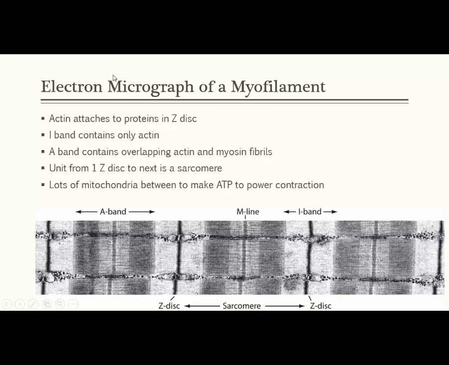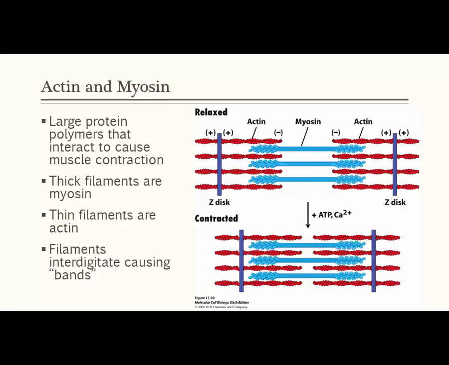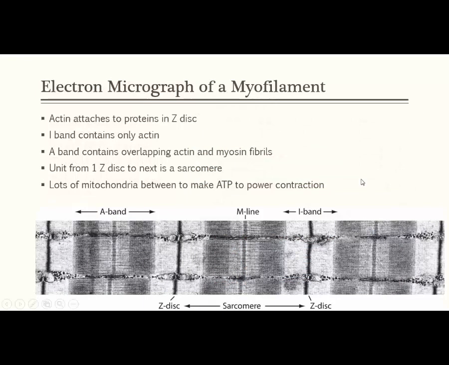This is an electron micrograph, obviously, of a microfilament, and here you can see the bands. So if you remember, let's go back here, you have the Z-disc, you have actin attached to the Z-disc, you have myosin interdigitated with the actin. Here you can see that you have the Z-discs, okay?